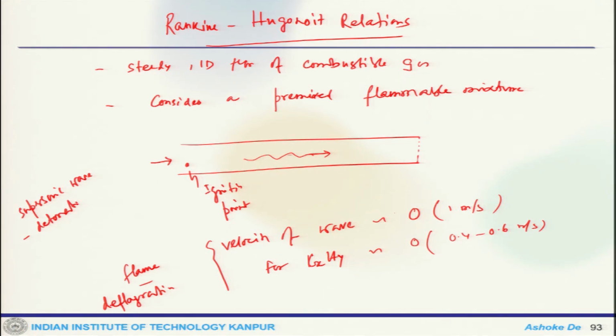Now, in detonation, heat and radical diffusion do not control the velocity. Rather, in detonation it is more controlled by the shock wave structure of the supersonic wave. So, that will control the temperature, pressure and all these things.